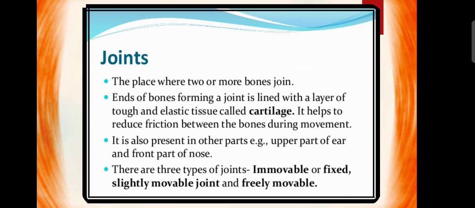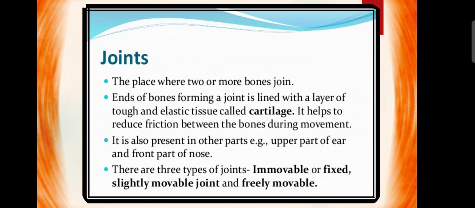This cartilage helps to reduce friction between the bones during movement. In this way the bones can move easily because of the cartilage. It is also present in other parts, for example the upper part of the ear and the front part of the nose.